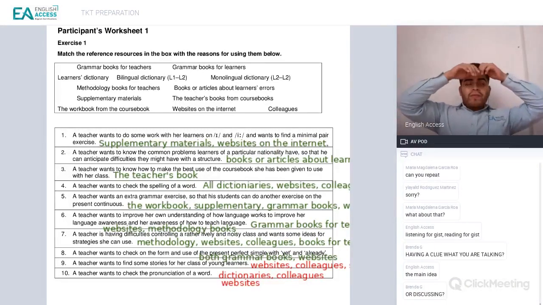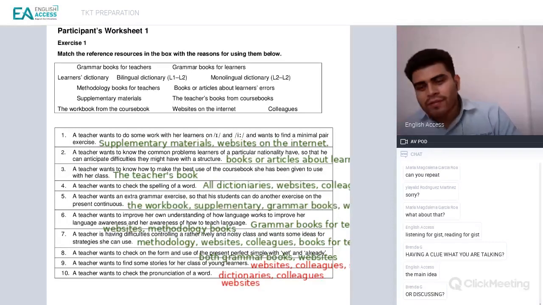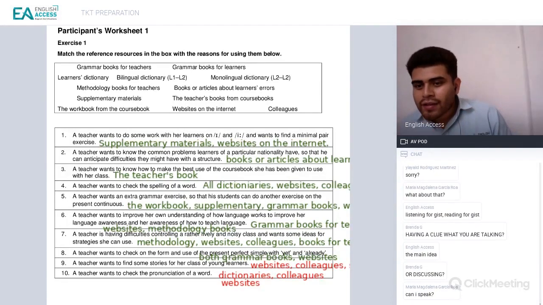Like if I play you an audio and I say, what is the general topic of this conversation? That is the gist. That is the main idea. Or if I give you an article and I say, what is this article about? That is the gist. Yes, you can speak.